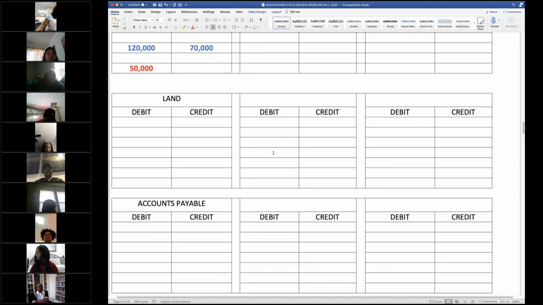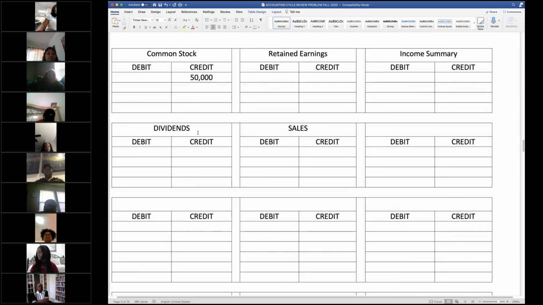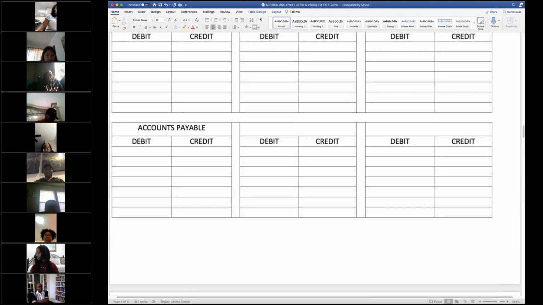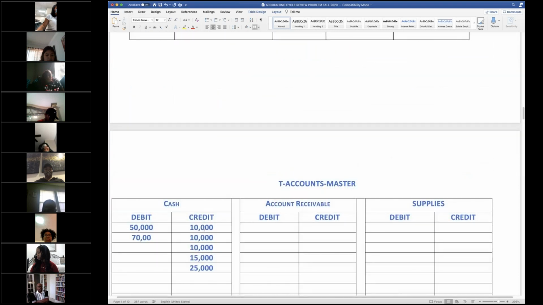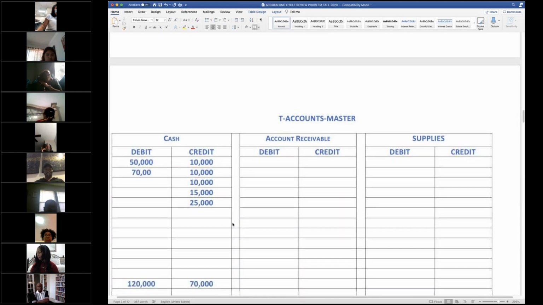I just had mine switched backwards. So dividends has to be debited. Whatever it is in the journal entry, it's going to be that in the T account, and the cash is credited. Do we see that now? Yes, sir.